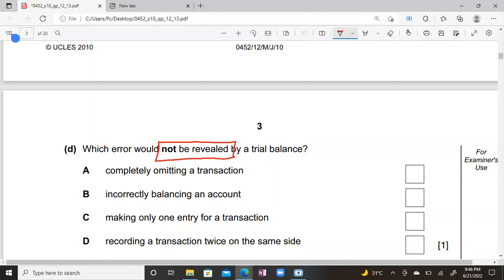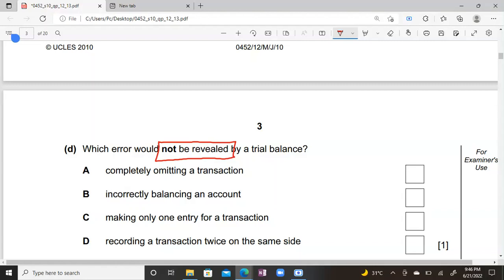We know that in a trial balance, errors which do not affect the agreement of the trial balance are: error of omission, error of commission, error of principle, complete reversal, error of original entry, compensating errors, and transposition.